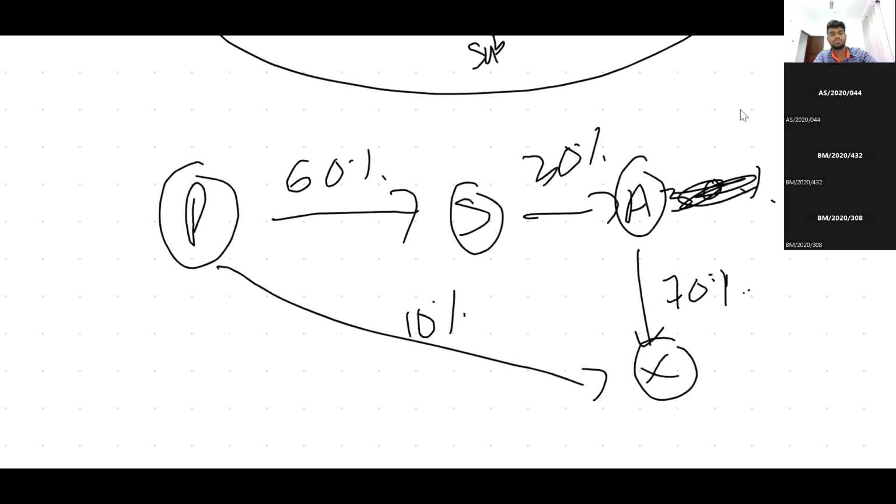So when it comes to this group structure, you can see S is a subsidiary and this will become your associate.